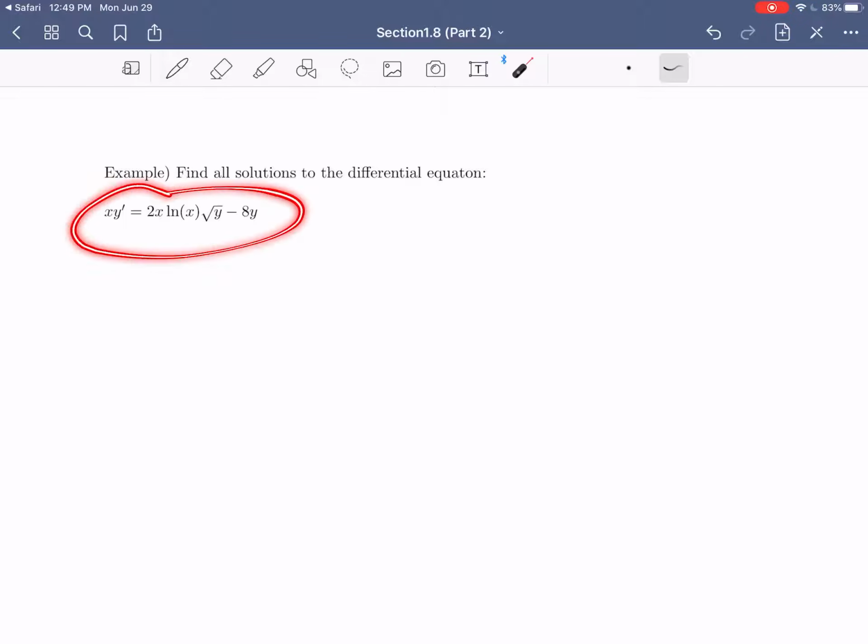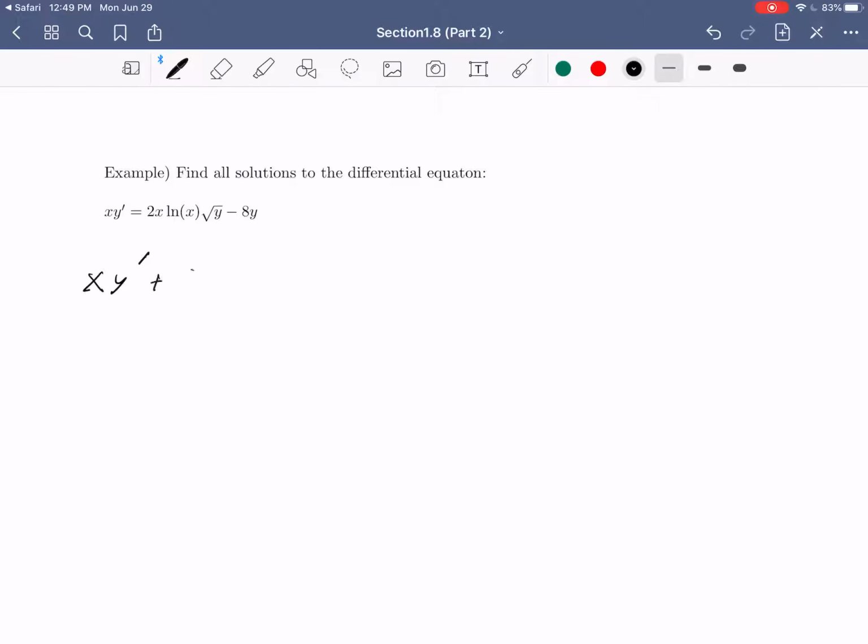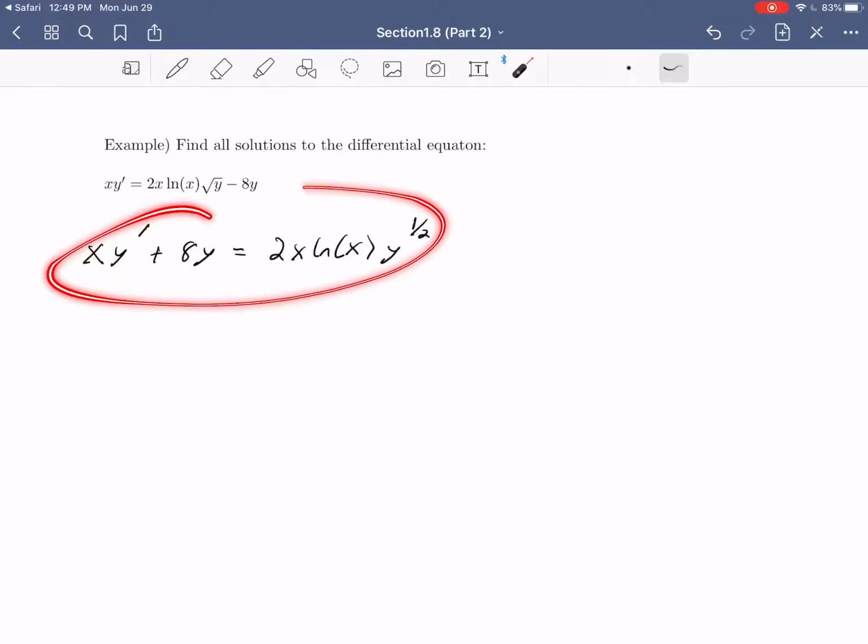Let's go ahead and try to rewrite it into that format. So let's bring that minus 8y over, and we can view this as xy prime plus 8y equals 2x ln x. And let's get rid of that square root of y and just view it as y to the 1/2. That'll help a little bit because that's what it's supposed to look like. We could proceed right from here, except it's not quite in the Bernoulli standard form.